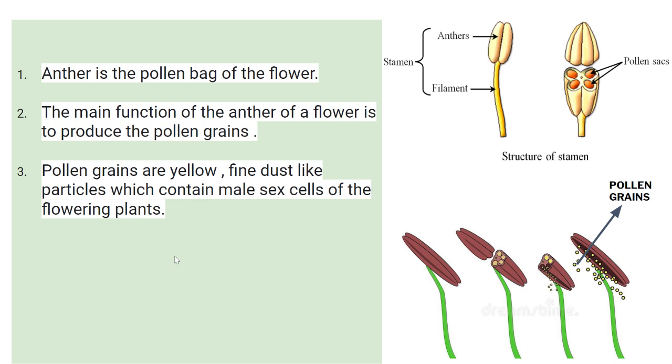You have to remember that. So you have to remember this, children. And the main function of the anther of a flower is to produce the pollen grains. Okay, so I hope it is clear to you all.